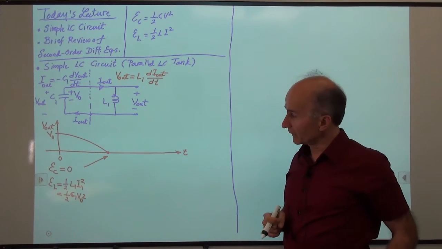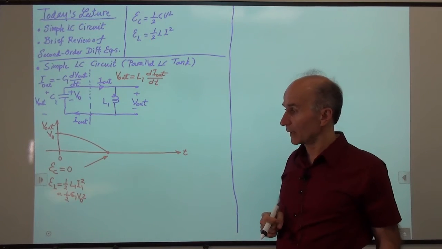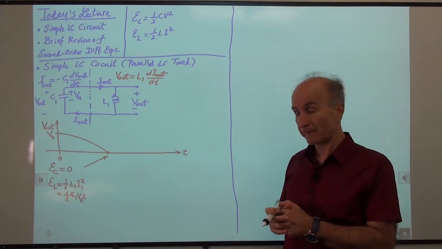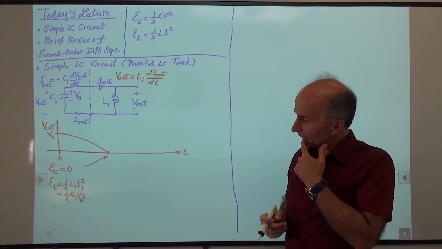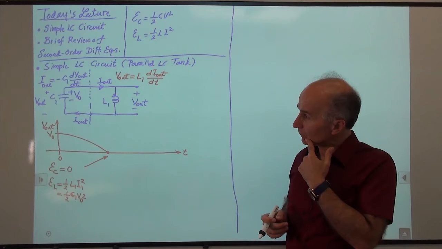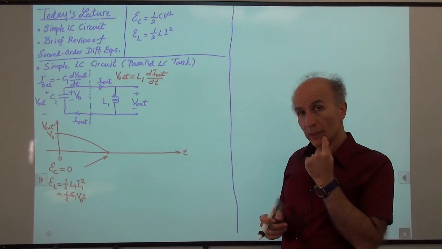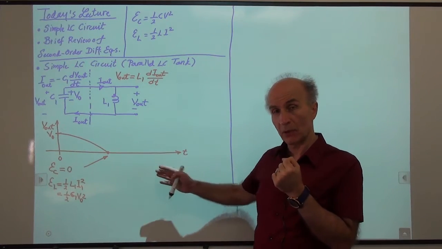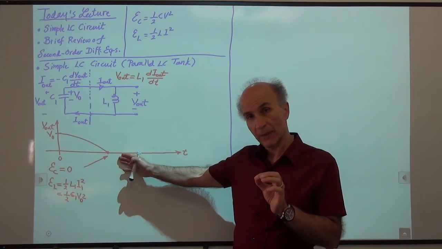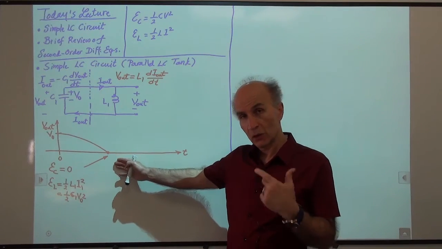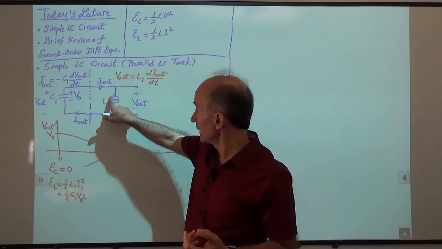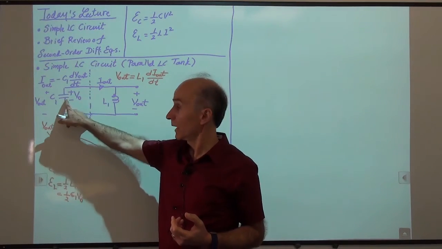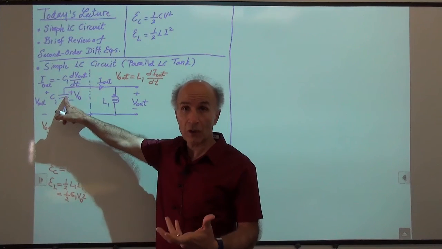That's great. So we decided that the current through the inductor is not 0, because we have to have energy in the inductor. But let's try to sketch I out as well, at least up to this point, so that we can decide what should happen beyond this point. We know that at this point there's a current through the inductor, and the question is, what will this current do? You might expect that if there's a current flowing through this inductor of value I1, flowing this way, it will want to put more charge on the capacitor.